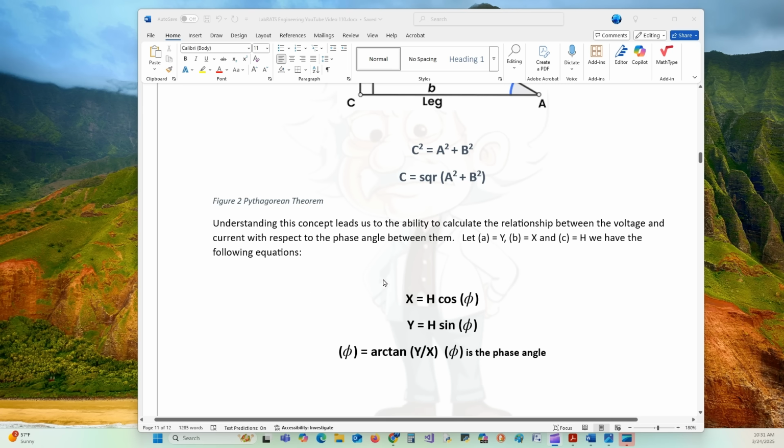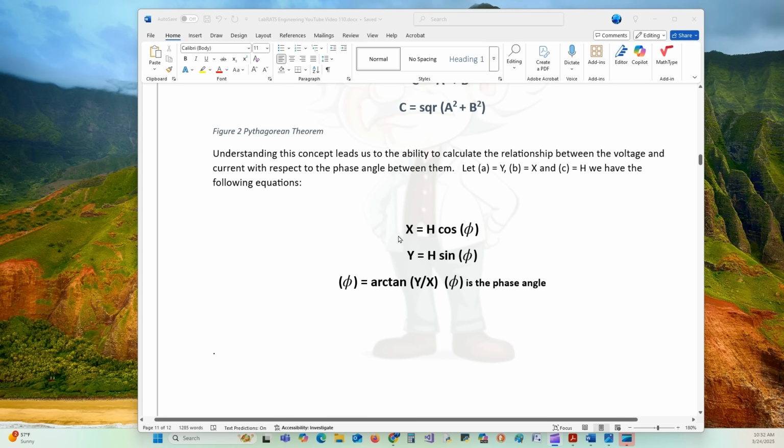Understanding this concept gives us the ability to calculate the relationship between a voltage and current with respect to the phase angle between them. Let A be Y, B equal to X, and C equal to H. We have the relationship now. X could be current or voltage, depending on whether it's ELI or ICE.